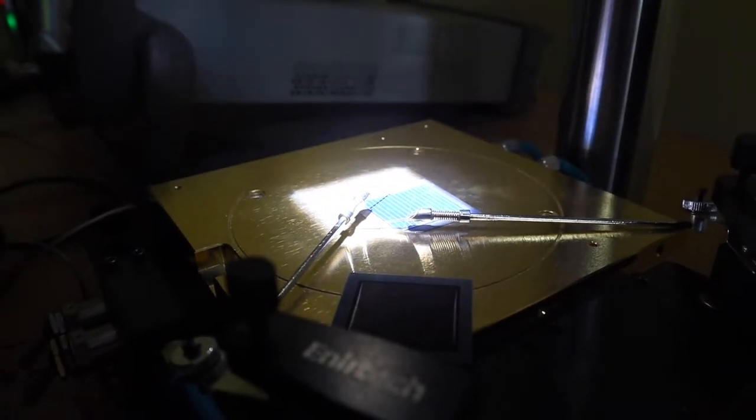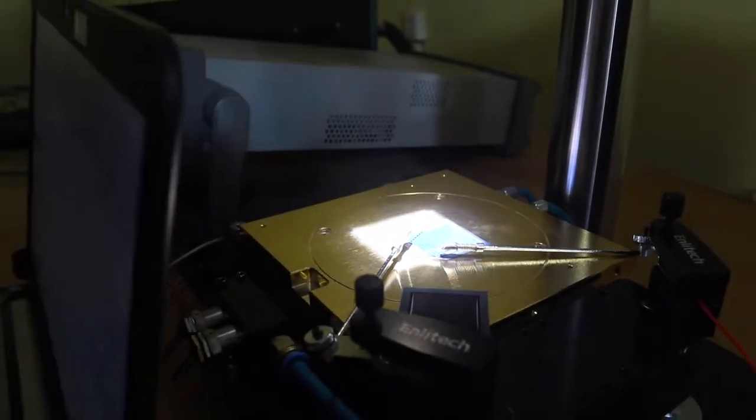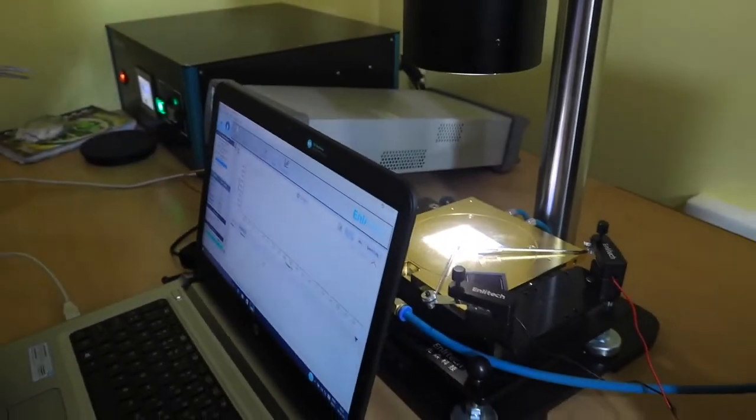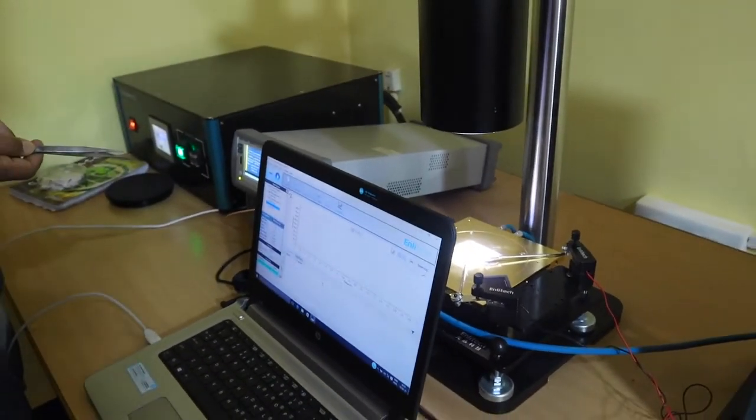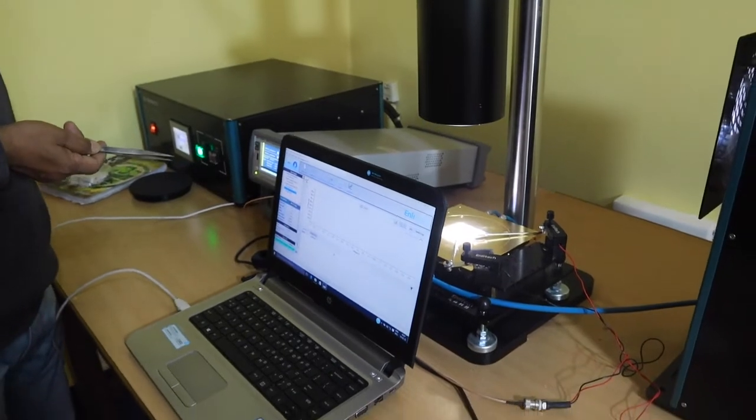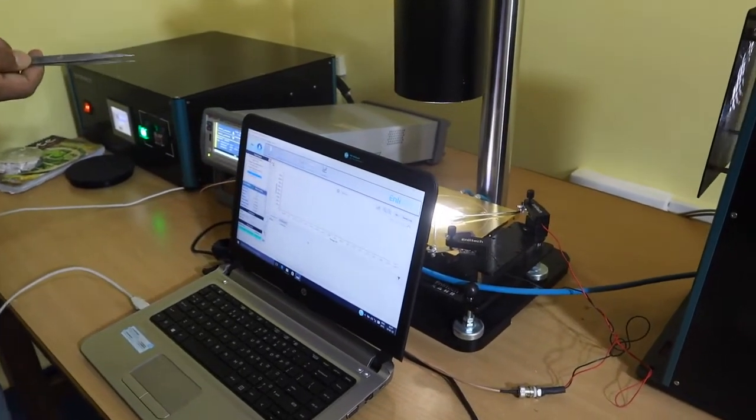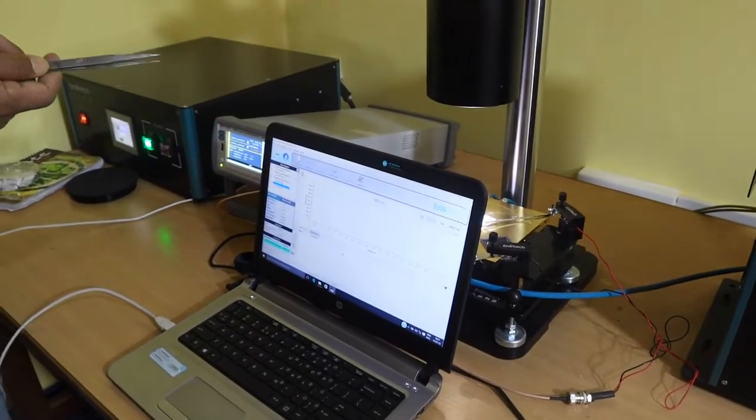And here you can see that the intensity of the light which we are using here, that is AM 1.5, which is equivalent to 100 watt per centimeter square.